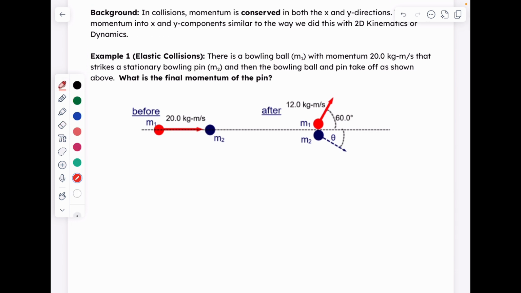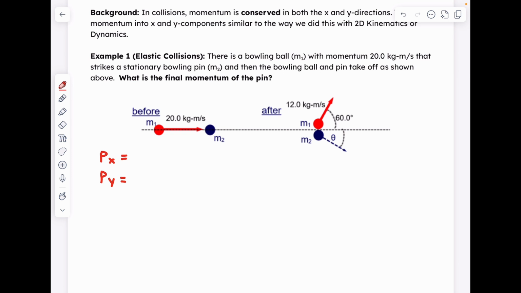The main point of this problem: we have a bowling ball and a bowling pin. The bowling ball is M1, hits the bowling pin, and after the fact, the two split off going two separate ways. The main point is that in both the X and Y direction, we should have the same total momentum in the beginning and the end.